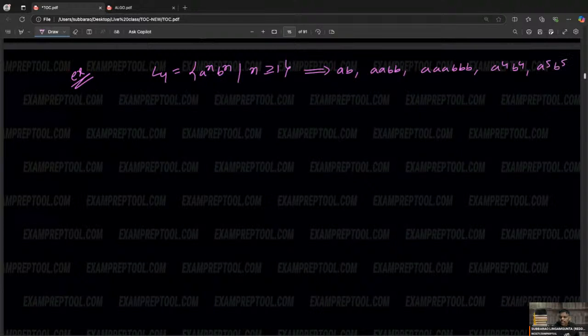If you observe clearly, in this language the number of A's is equal to the number of B's.